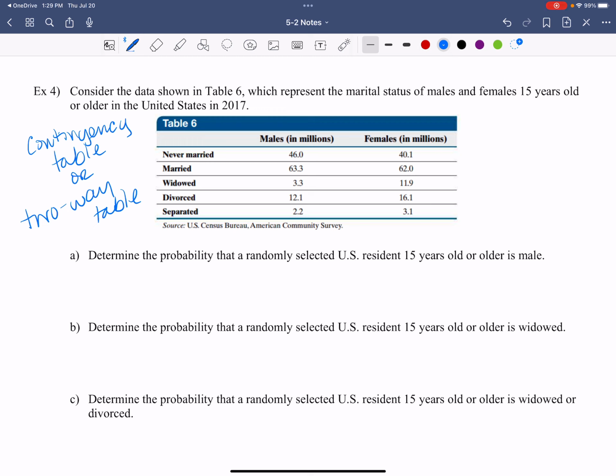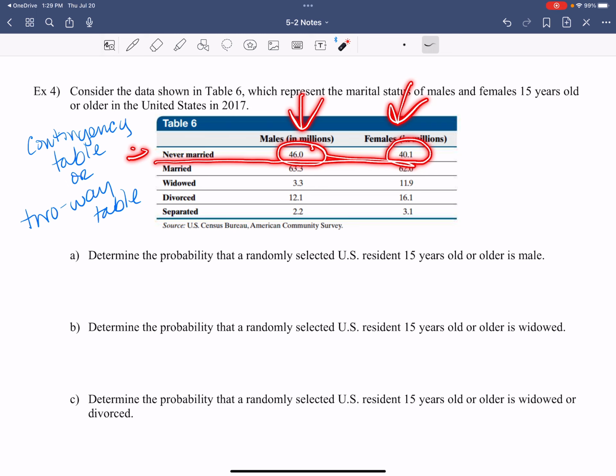So the rows in this particular table, that is marital status. The columns are gender, right? So this piece of never married, you can say between male and female, you have 2 pieces of information that go with one set of data. That's why it's called a two-way table. Or it's just called a contingency table. It's just what it's called.